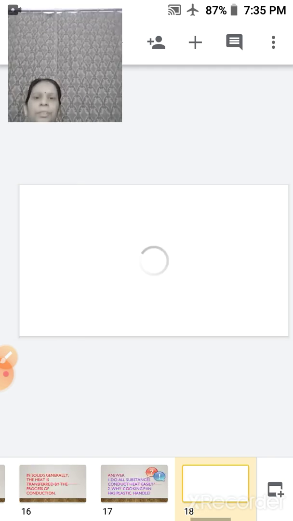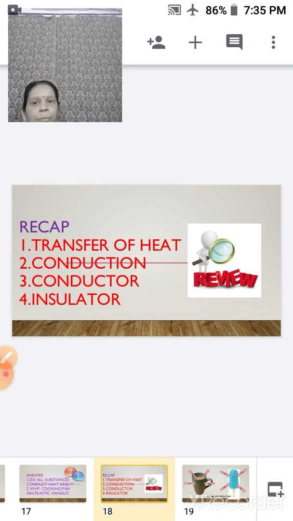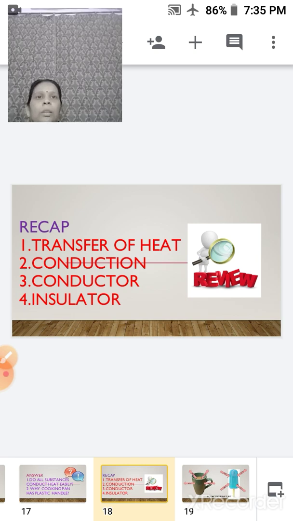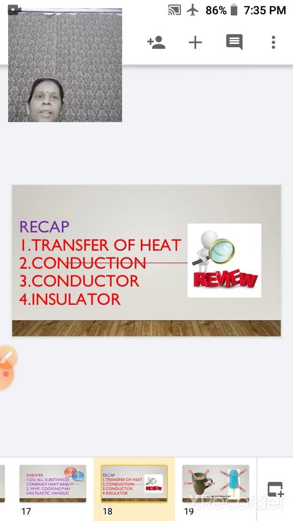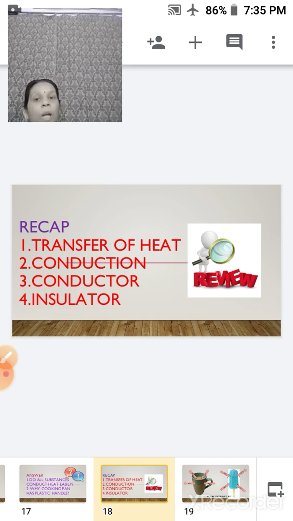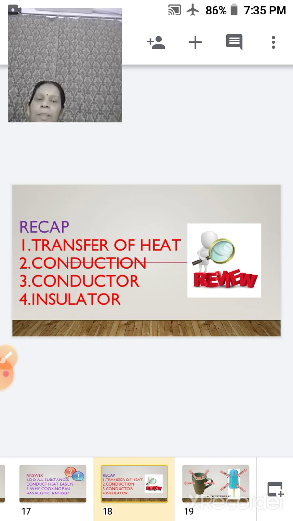Children, again I will have the recap of the chapter, but before that, one more point I will tell you. Water and air are poor conductors of heat. Then the question is, how does the transfer of heat take place in these substances?